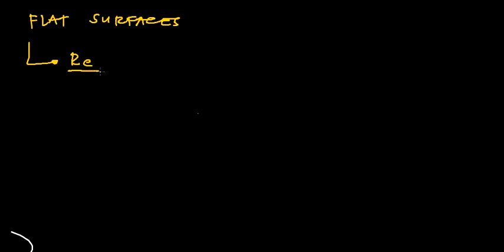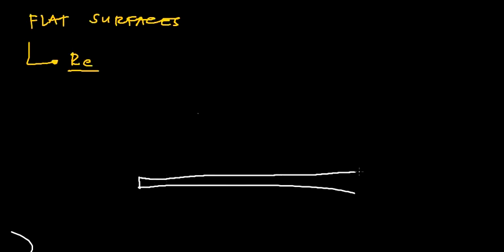Let us consider first, let me draw some illustration of our flat surface. Sorry for my drawing. Say this is our flat surface, and let us consider the parallel flow of the fluid over this flat plate.